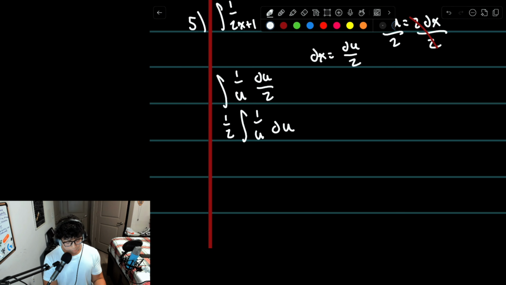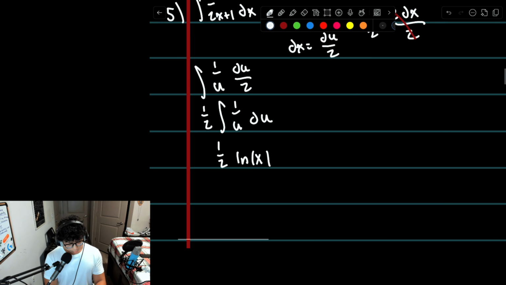Now that we have that, we know our integral rules, right? The integral of 1 over u is ln of, is it parentheses x? No, it's absolute value of x. Don't forget that. Plus c. And since that's not an x, it's a u, we'll put in u.